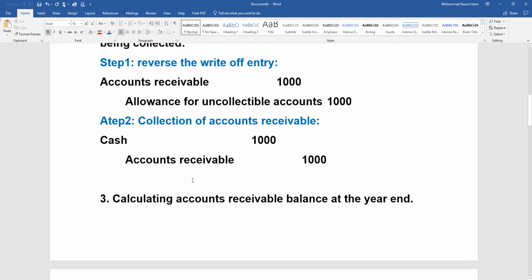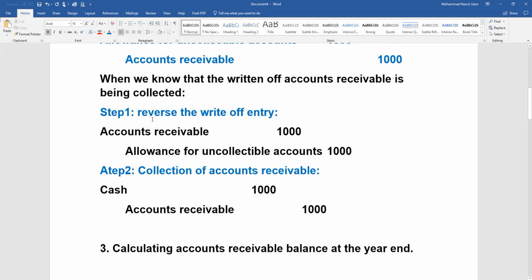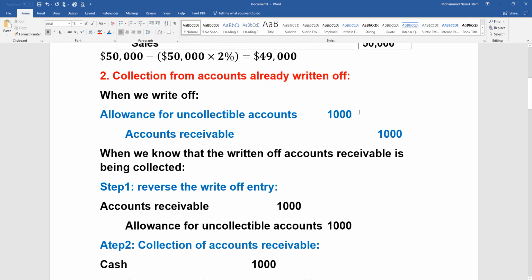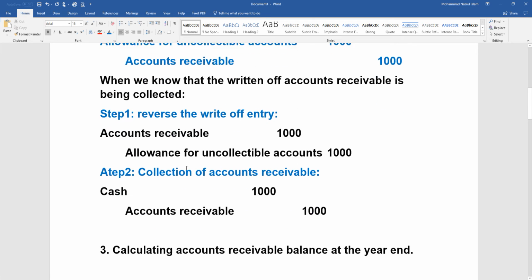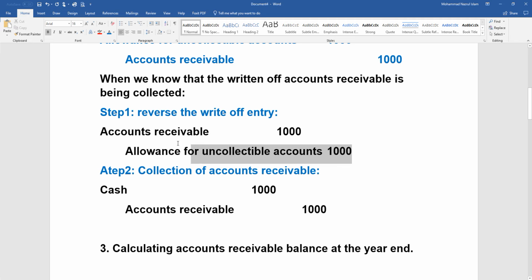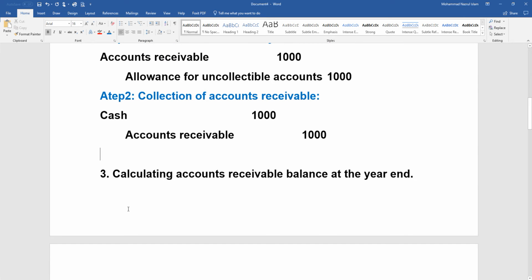What you must notice in this example, see, allowance for uncollectible accounts is increased. Can you see that? So accounts receivable increases in the first entry, and then allowance for uncollectible accounts increases also.